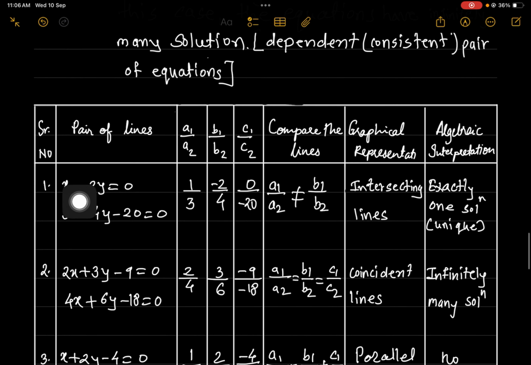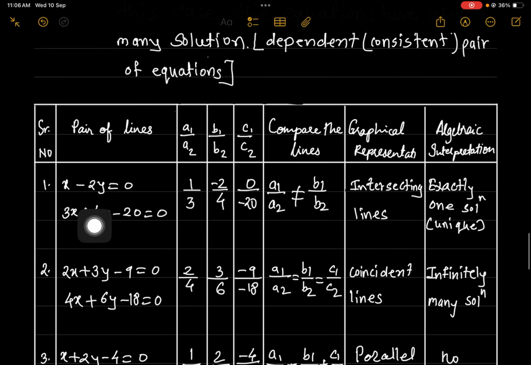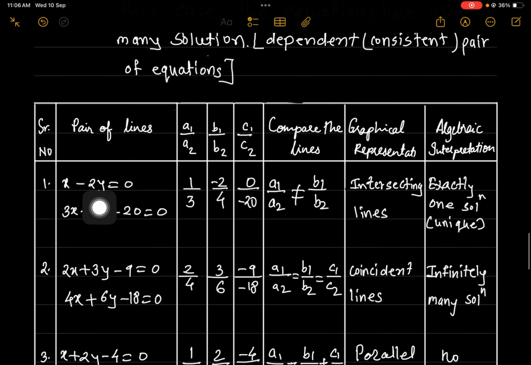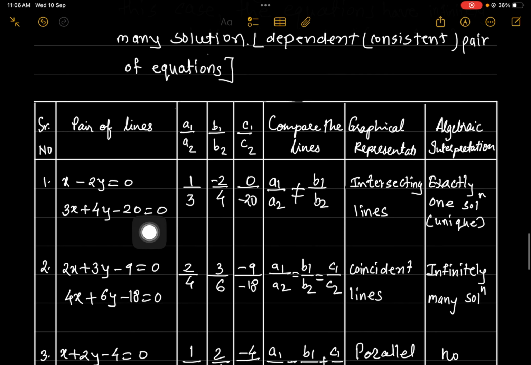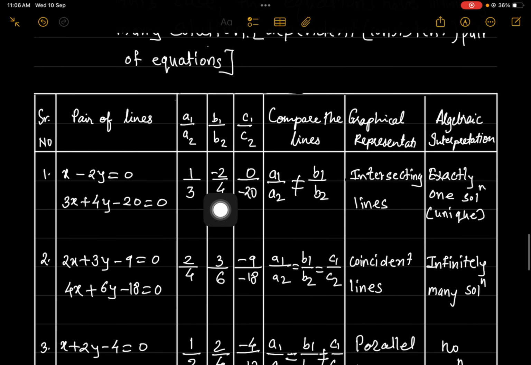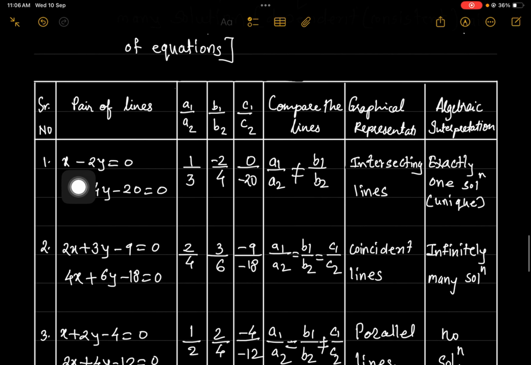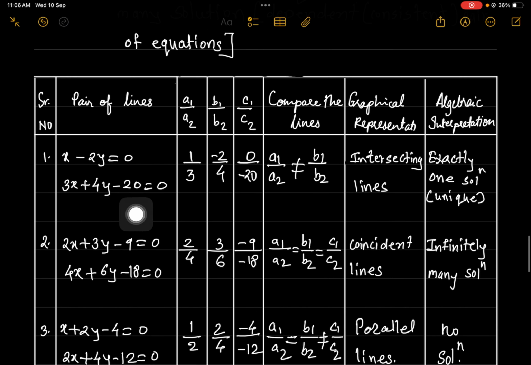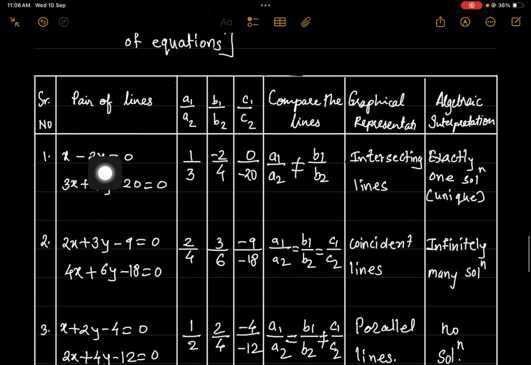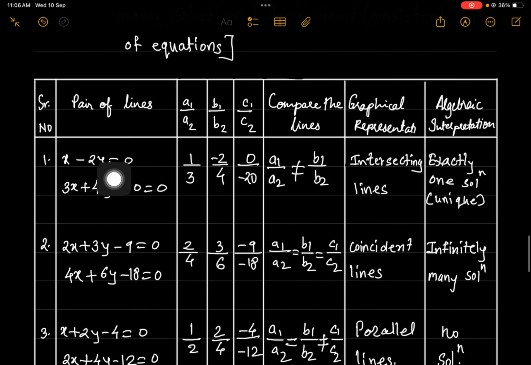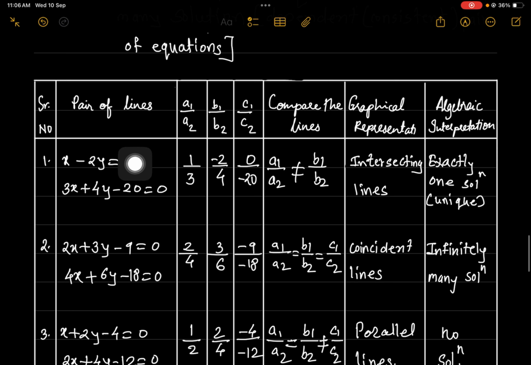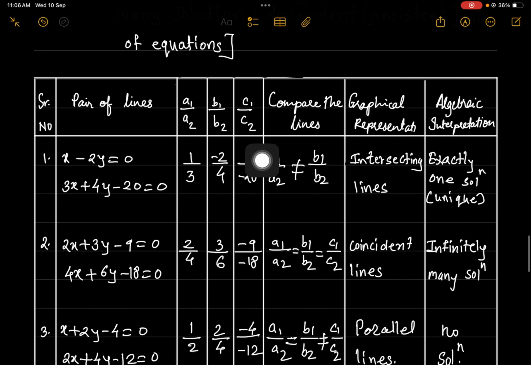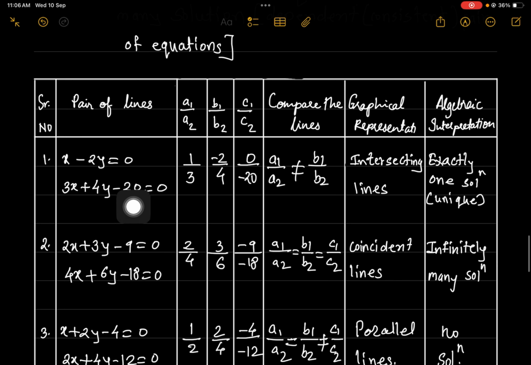Here the coefficient of x is a1 and of 3x is a2, and similarly b1 and b2, c1 and c2. So a1 is 1 and a2 is 3, giving 1 upon 3. b1 is minus 2 and b2 is plus 4, giving minus 2 upon 4. In the first equation there is no constant, so c1 is 0, and c2 is minus 20.